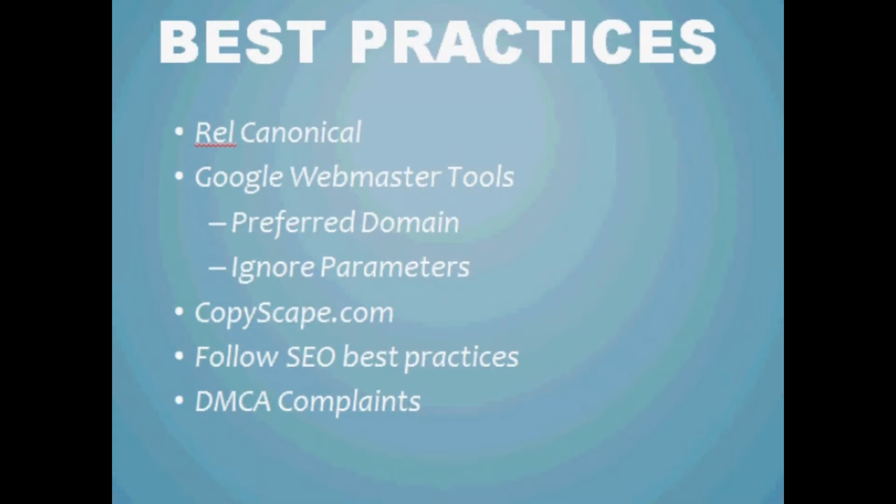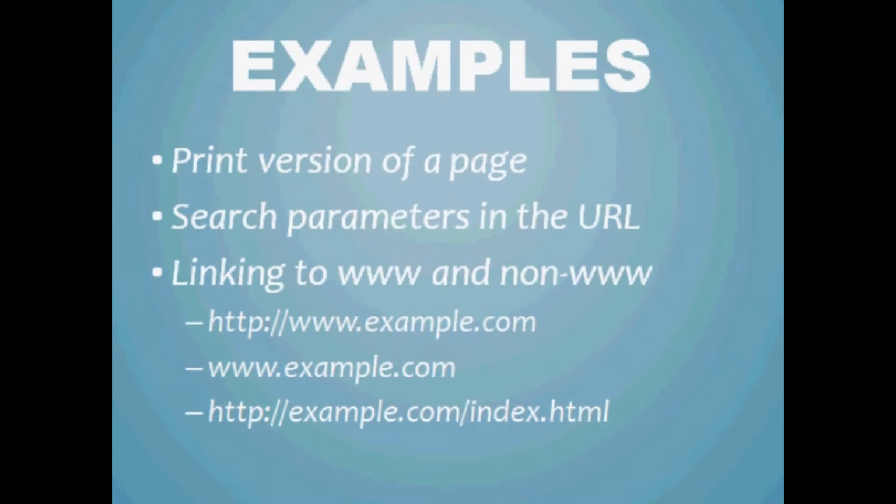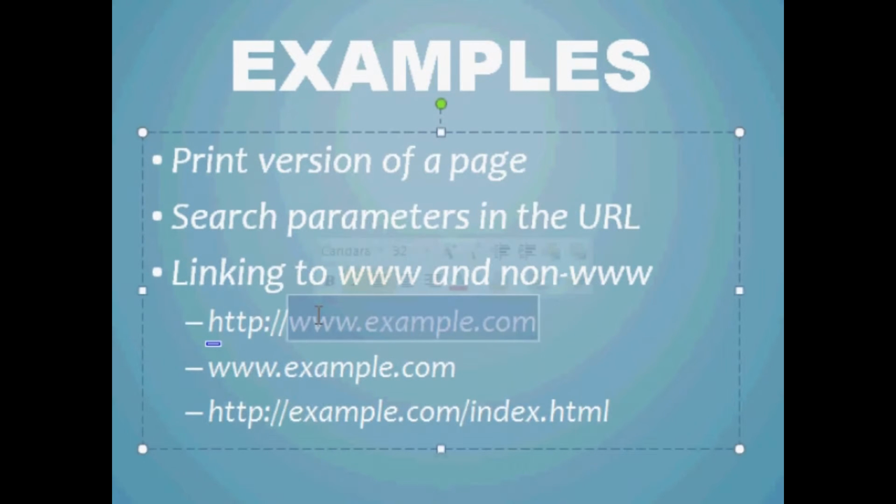Other things you can do involve Google Webmaster Tools, which is a free tool provided by Google to help webmasters understand what's going on with their site and how it interacts with Google.